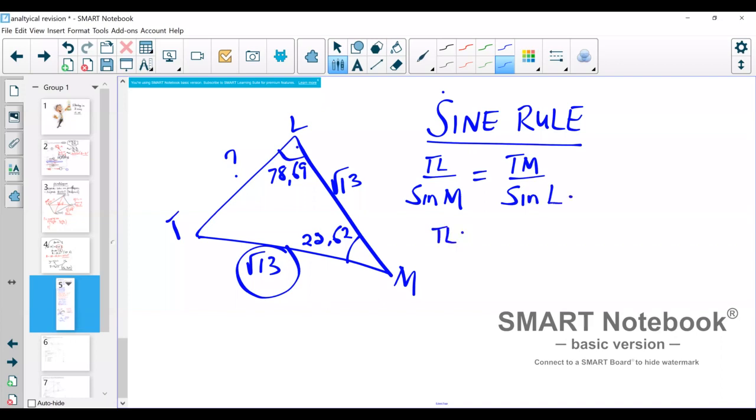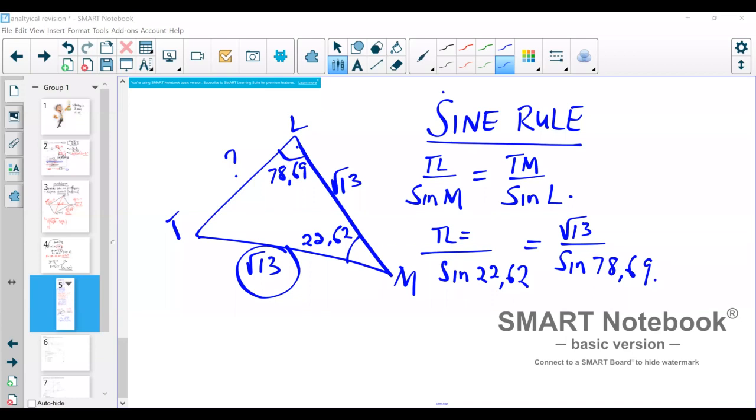I don't know. What is sine? What is my value here? 22.62. What is TM? Root 13. What is sine L? Sine 78.69. I'm sure you can cross multiply and we can just do that on a calculator straight.